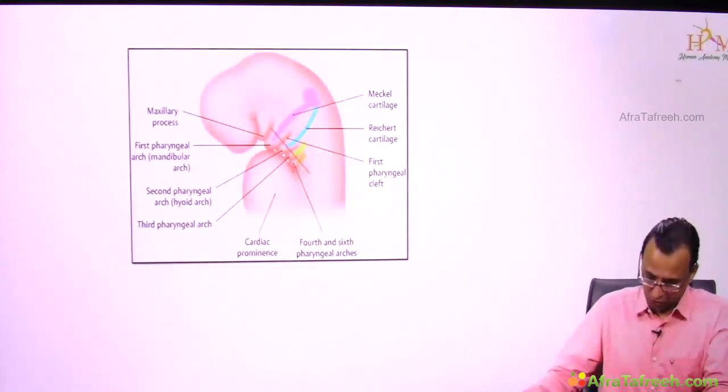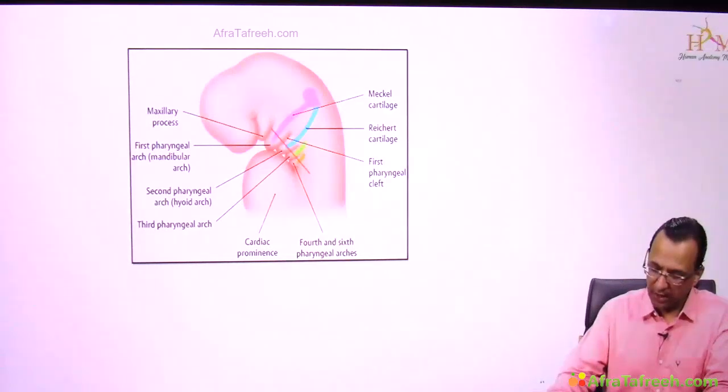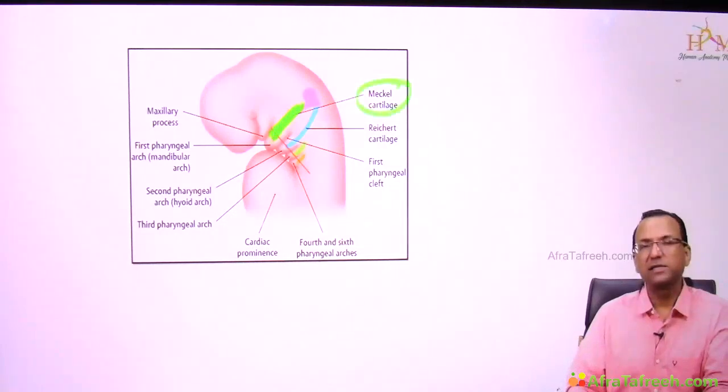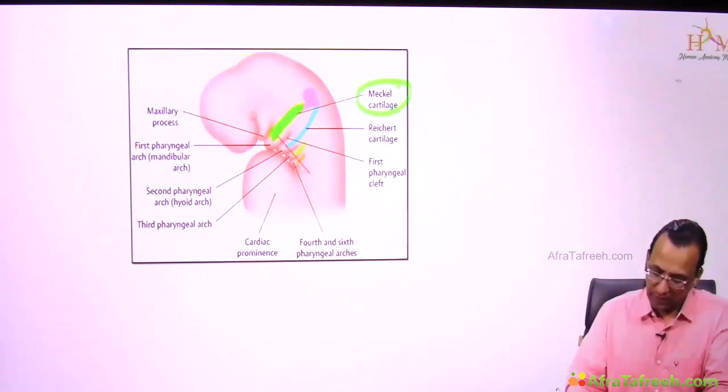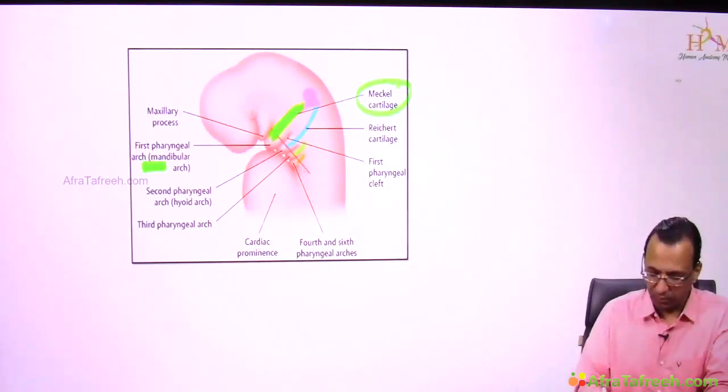So see, this is a side view of the baby and you are looking at the first arch. What is the first arch doing? It is actually having Meckel's cartilage and forming the mandible bone. So first arch is Meckel's cartilage forming mandible bone. What is the second arch?